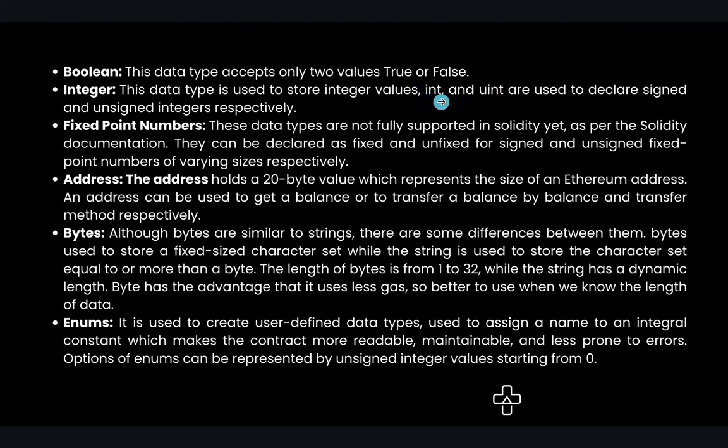Int is a signed integer and uint is an unsigned integer. It's being stated here: int and uint are used to declare signed and unsigned integers respectively.